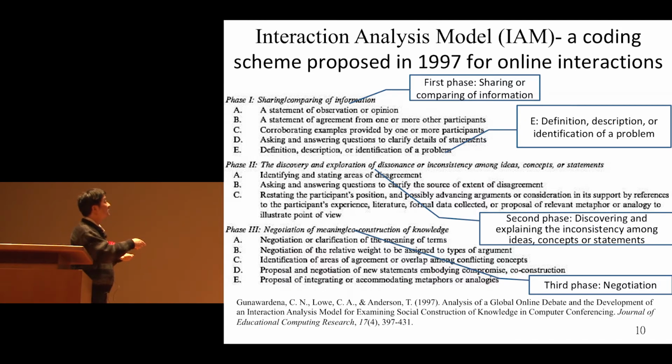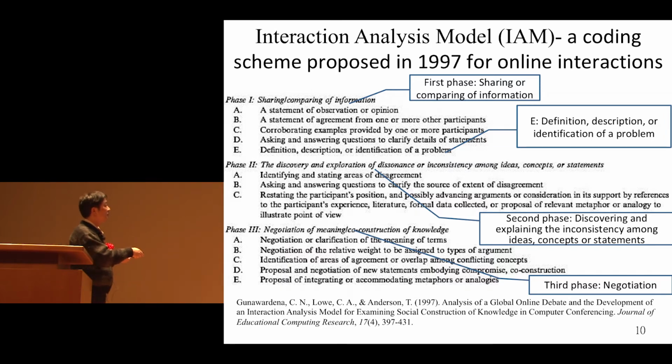One of the examples, the 5th coding item of the first phase is define, describe, or identify a problem. The second phase is related to discovering or explaining the inconsistency among ideas, concepts, or statements.